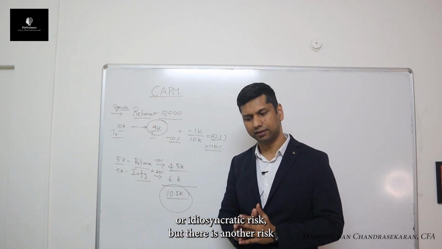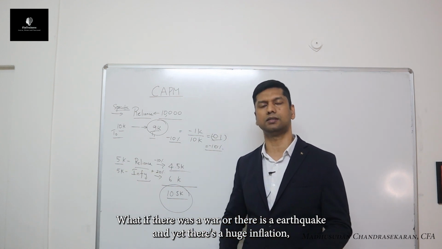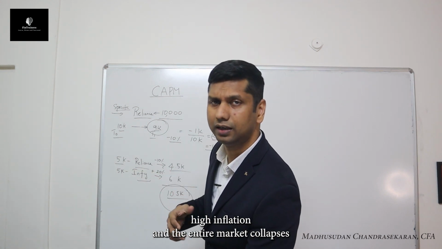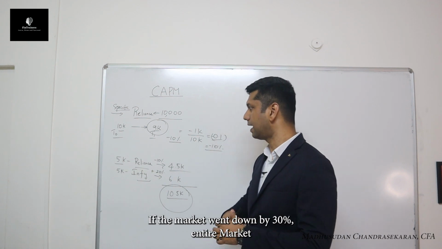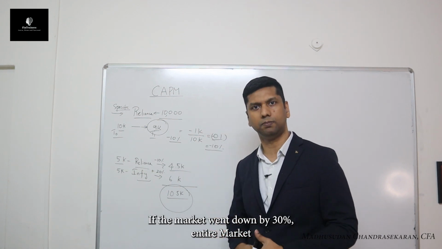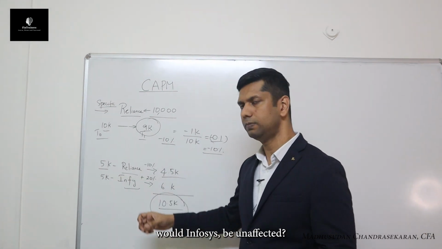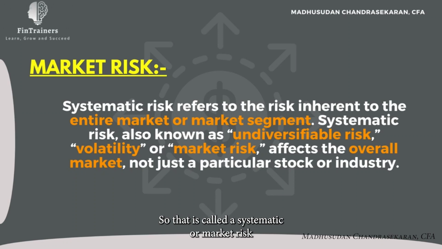But there is another risk. What if there was a war or an earthquake, or huge inflation, and the entire market collapses? We can't do anything about that. If the entire market went down by 30%, would Infosys be unaffected? Most likely not. So that is called systematic or market risk.